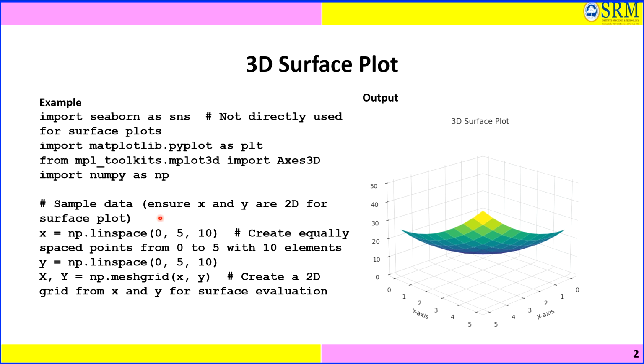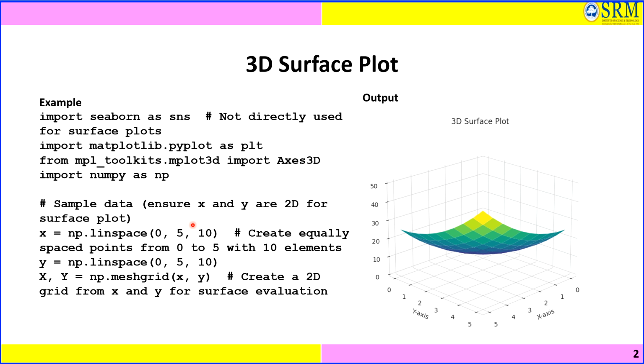What we have to do first is create some x list of values and y list of values using the linspace command. np.linspace(0, 5, 10) means it will give 10 values within 0 to 5, and each and every value will have equal distance.